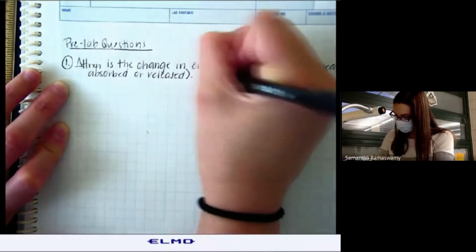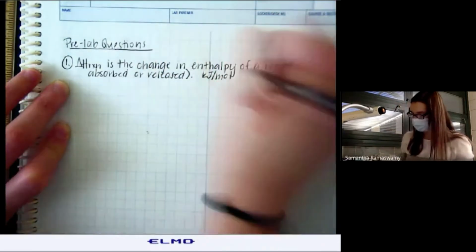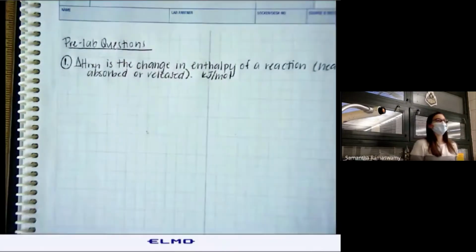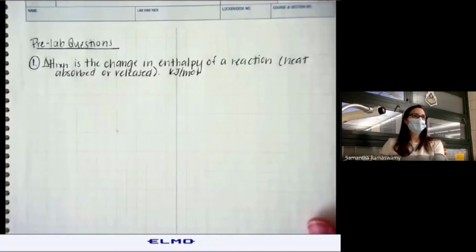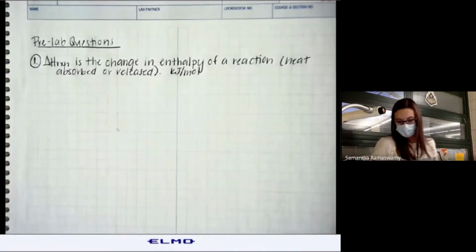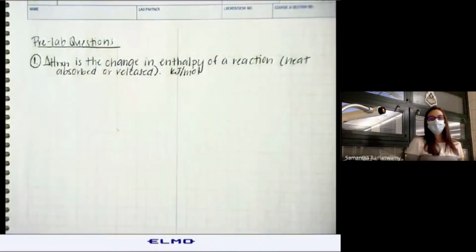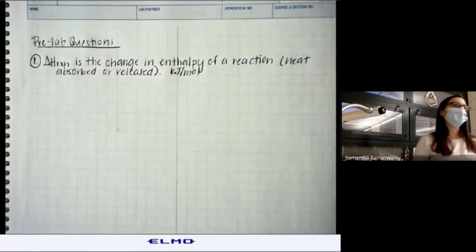I'm just going to say kilojoules per mole, just kind of as a reminder. All right, it's measured in kilojoules per mole. So pre-lab question number 1, delta H reaction is the change in enthalpy, or it's the heat absorbed or released in a reaction measured in kilojoules per mole.